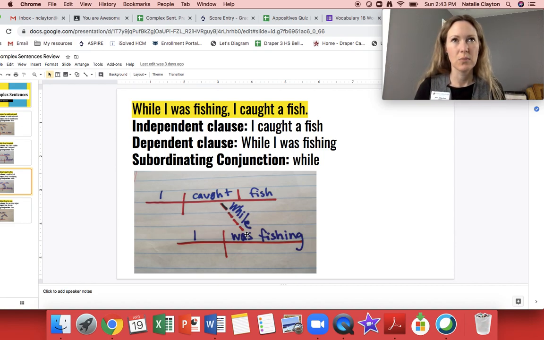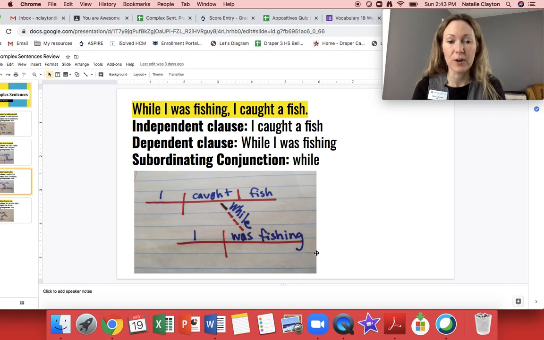How, when, where, how often, to what extent. So while I was fishing, when. So the adverb clause is answering when. When did you catch a fish? While I was fishing. So this one's a little clearer in what question it is answering. So while I was fishing, I caught a fish.